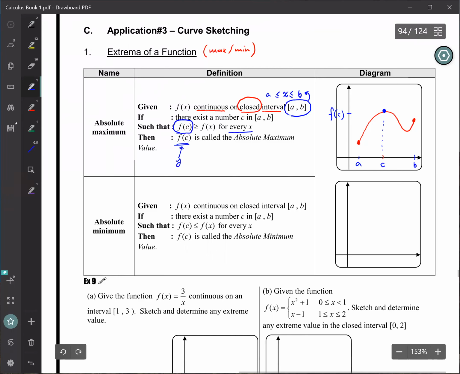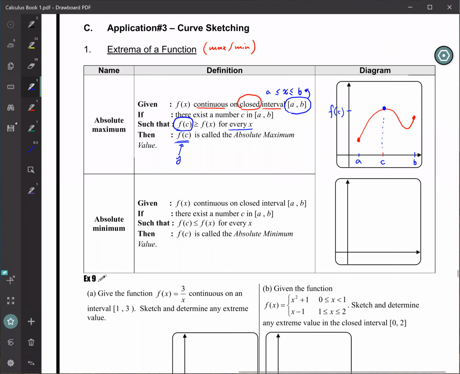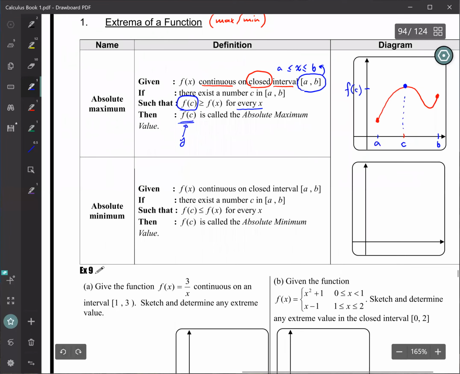Of course the absolute minimum will be the opposite. Same thing, closed interval has to be continuous as well, but this time the y value has to be less than, then it's called absolute minimum. Before was maximum.